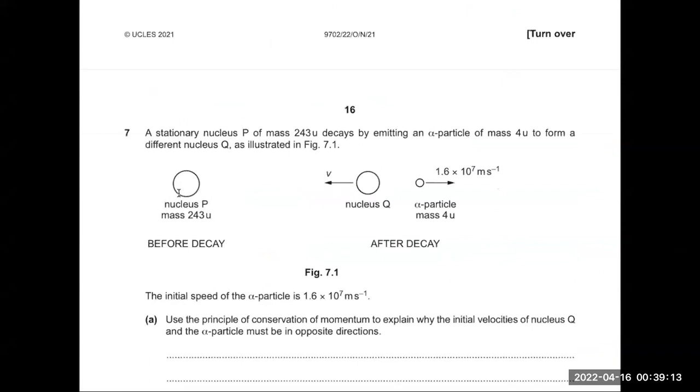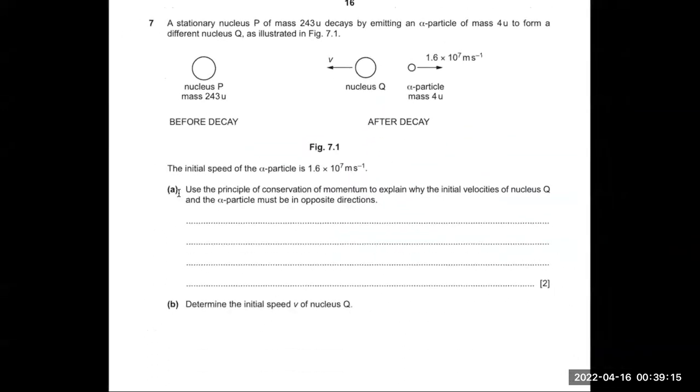Moving on to the last question, question number 7. Question number 7 says, a stationary nucleus P of mass 243U decays by emitting an alpha particle of mass 4U to form a different nucleus Q as illustrated in figure 7.1.